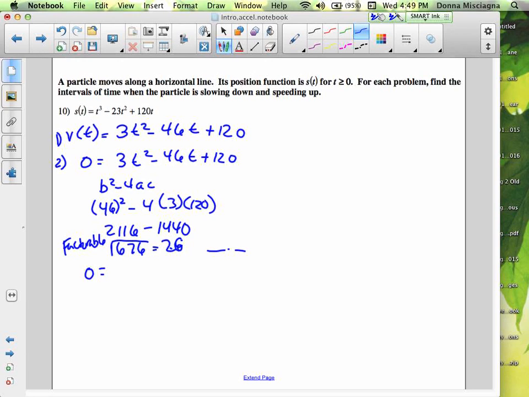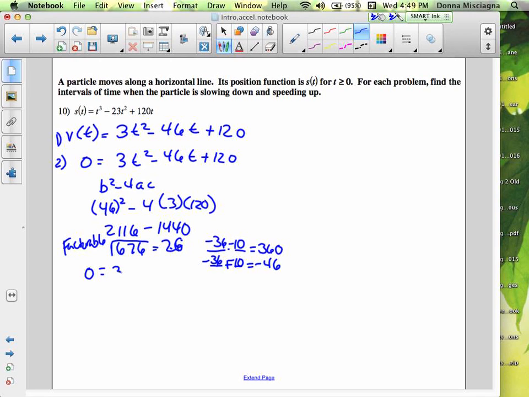It multiplies to give us 360 and adds to give us negative 46: negative 36 and negative 10. So initially, I wasn't sure if it was factorable, and the discriminant told me it was. If I just took a second to multiply 3 times 120 and look at that b term, I would have seen, yeah, that's very factorable.